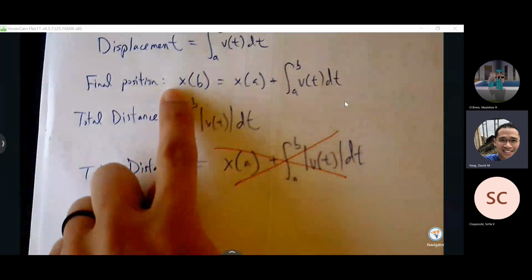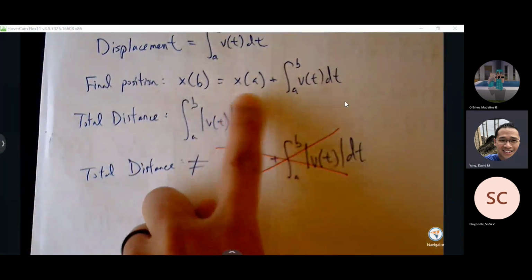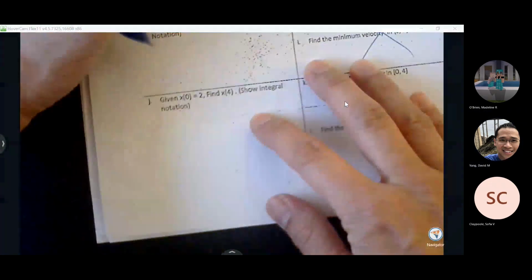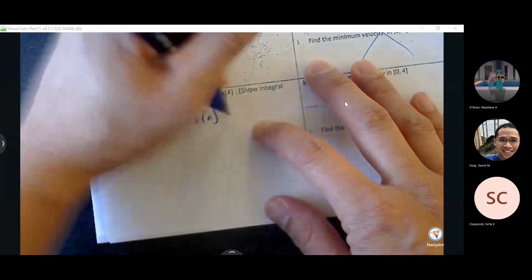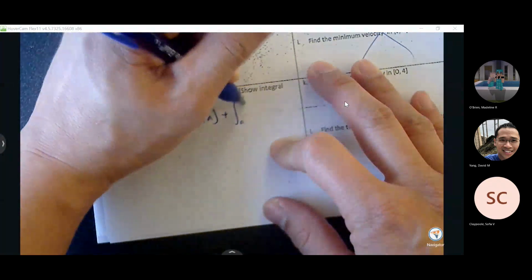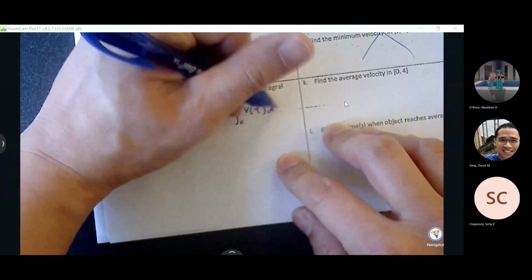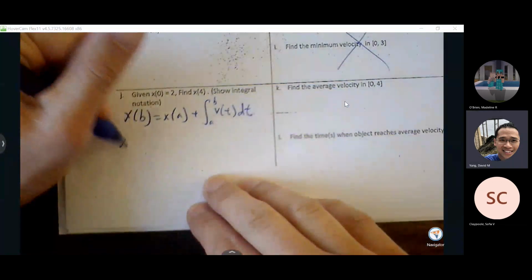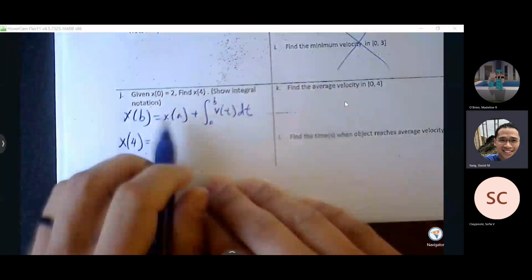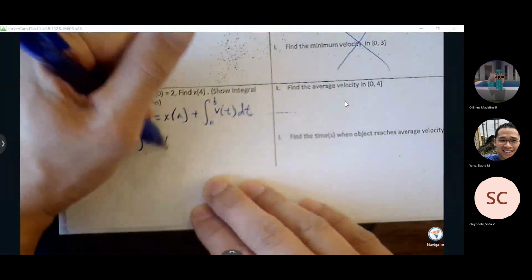So the formula is final position equals initial plus displacement. So I'm going to write that formula here. I'm looking for x sub 4, so x sub 4 is my final location. My initial is x sub 0.